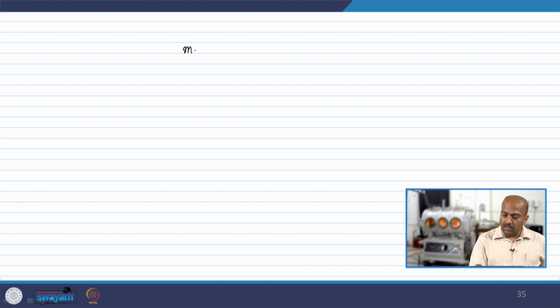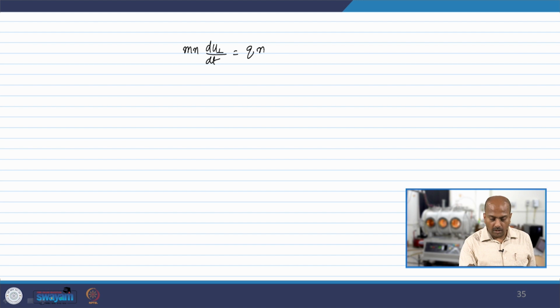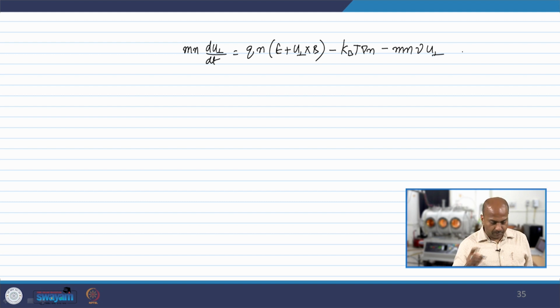We will start with our basic equation: M n du perpendicular by dt is q n (E plus u perpendicular cross B) minus kBT del n minus m n nu u perpendicular.